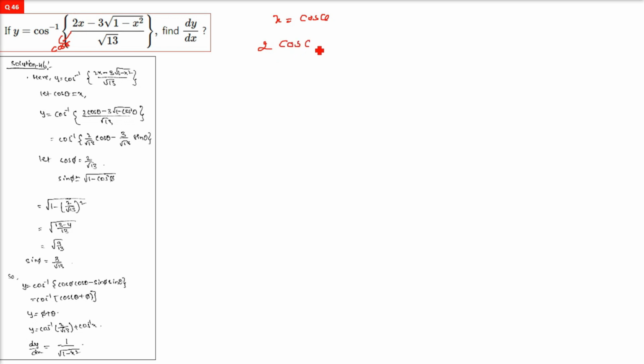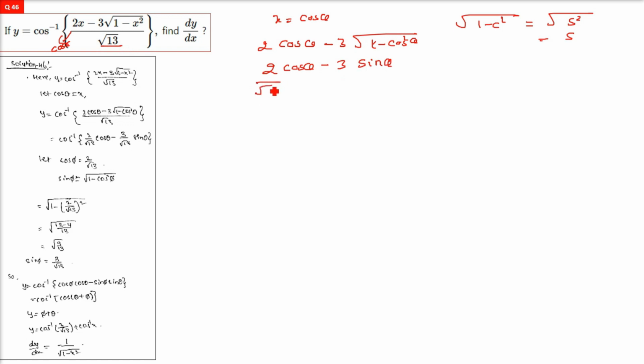So 2 cos theta minus thrice of under root 1 minus cos square theta. 1 minus cos square theta is sin square theta. So it will be under root sin square theta, sin theta will come. So it will be 2 cos theta minus 3 sin theta, and in denominator, let us take this like this, 2 by under root 13, this is under root 13.